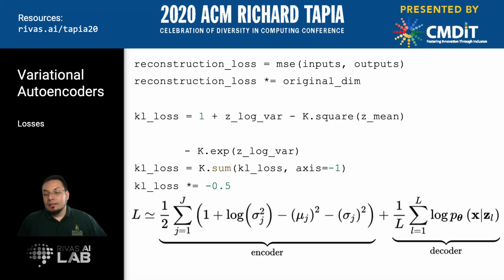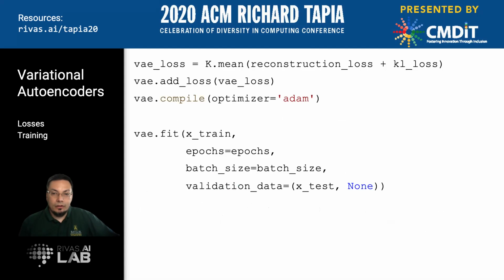Okay, the last part is simply the loss of the decoder, which is approximated perfectly, well, almost perfectly, with the mean squared error. And so the total loss is the reconstruction loss and the KL loss. When we add these losses, we can compile and train with an optimizer like Adam, RMSprop, SGD, as we have talked about before.